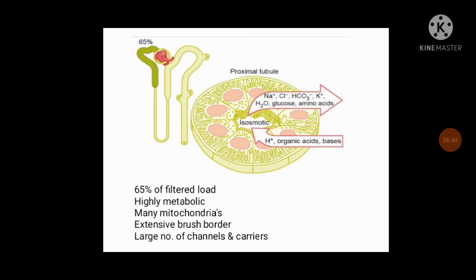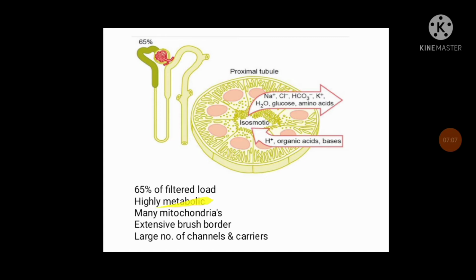The proximal convoluted tubule can also secrete some substances like H plus ion, organic acids, and bases. It is going to reabsorb almost 65% of the filtered load.